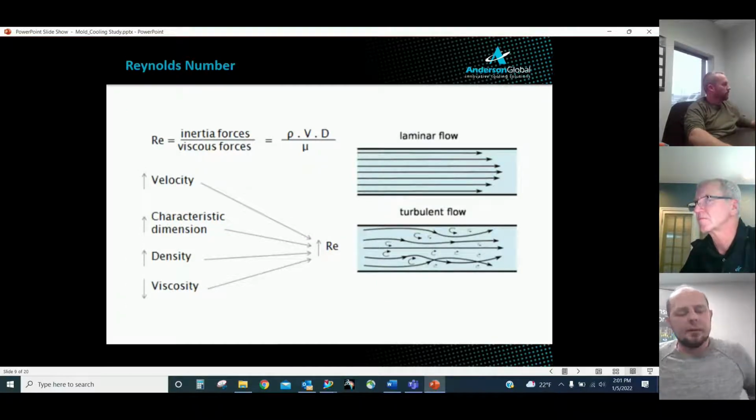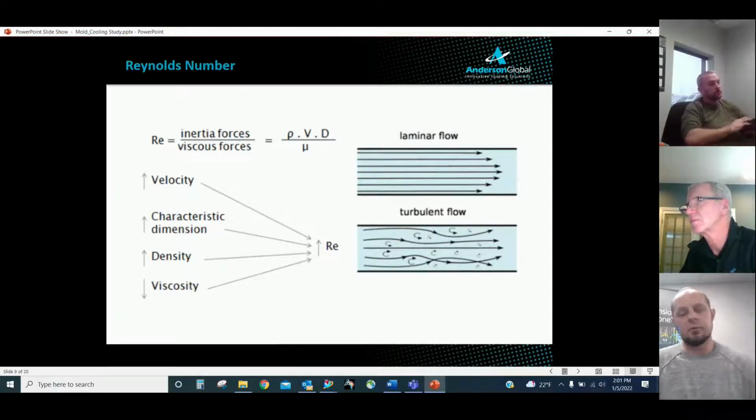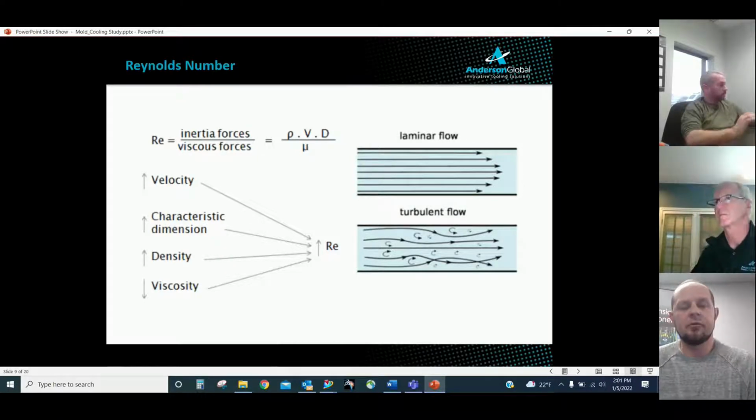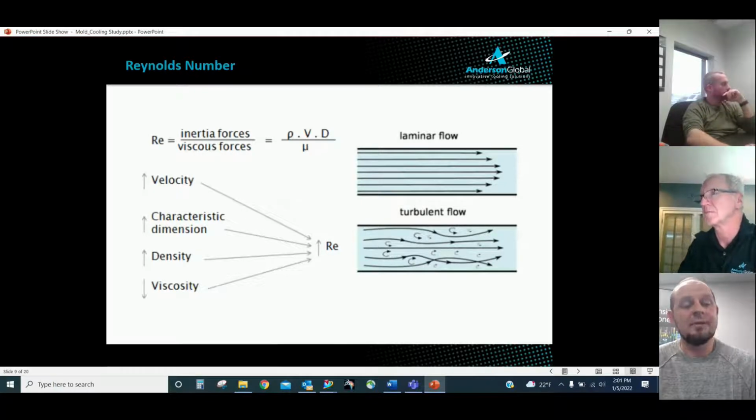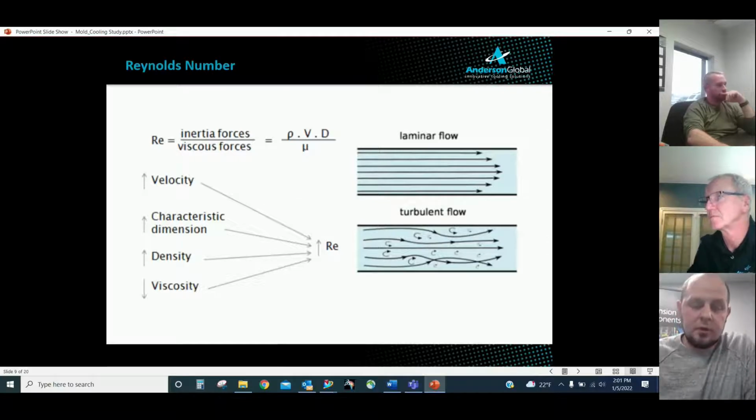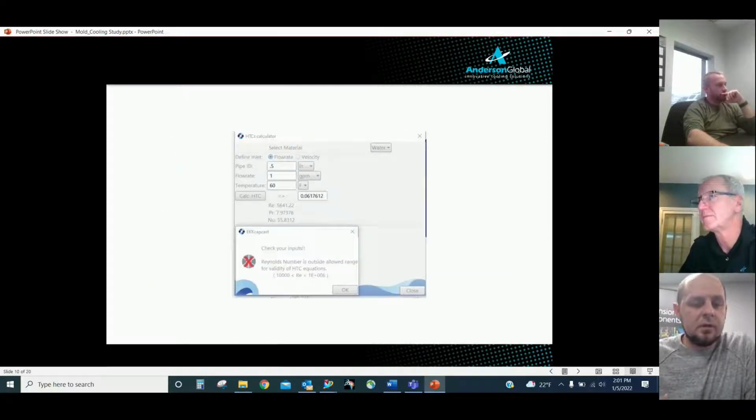We used a couple of calculators to make sure that we are getting a turbulent flow in our cooling lines, which is what we want. Turbulent flow is desired versus the laminar flow because it extracts more heat from the mold with thermal energy. So we have a couple of calculators to make sure that what we design is right.